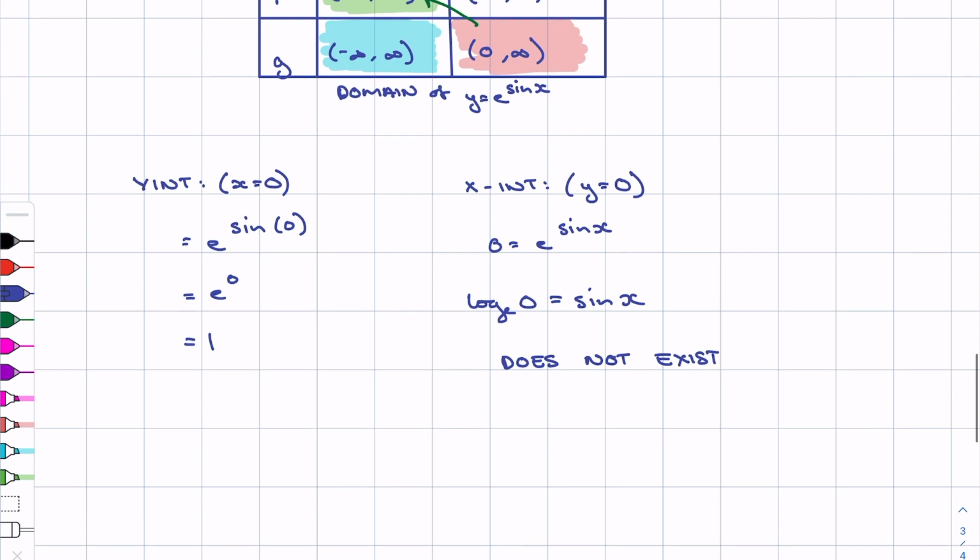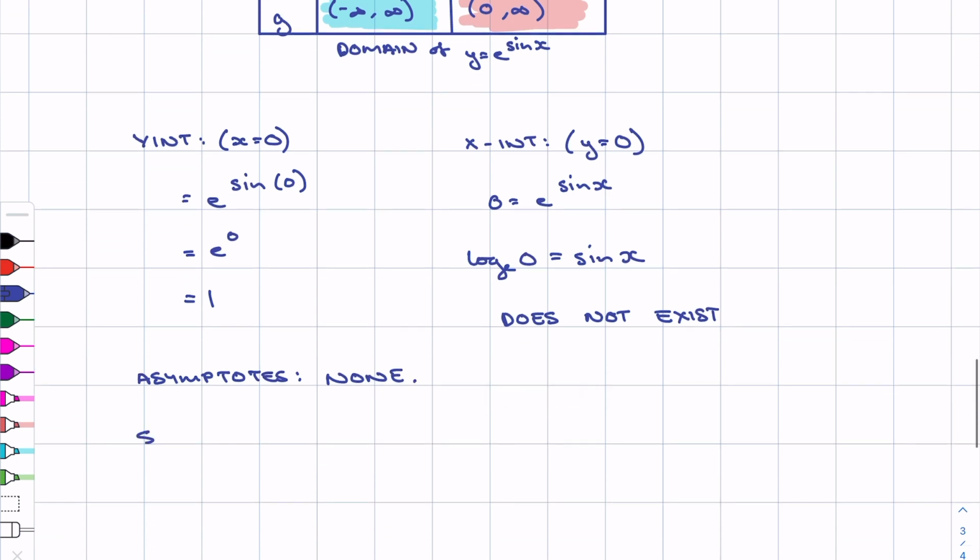I'm next going to consider my asymptotes. I can't find any asymptotes, so I have none. Then I'm going to consider my stationary points.